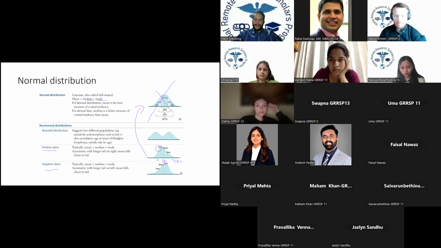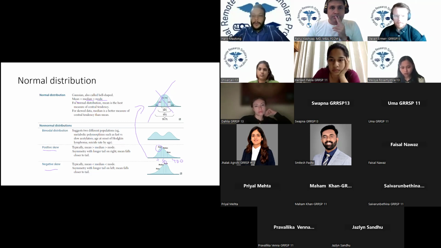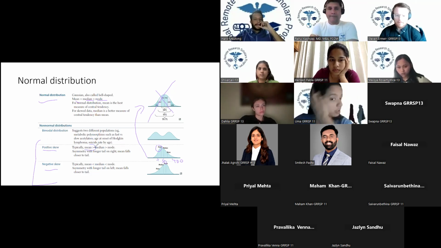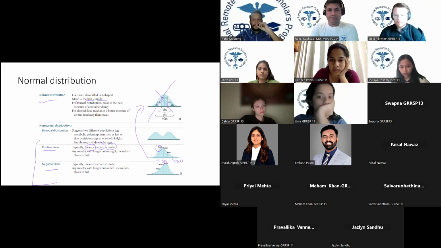Okay. So this is the reason why this is not normal, this is normal, bell shape, this is not normal when it is skewed. So when this happens, basically the mean is larger than the median and the median is larger than the mode.